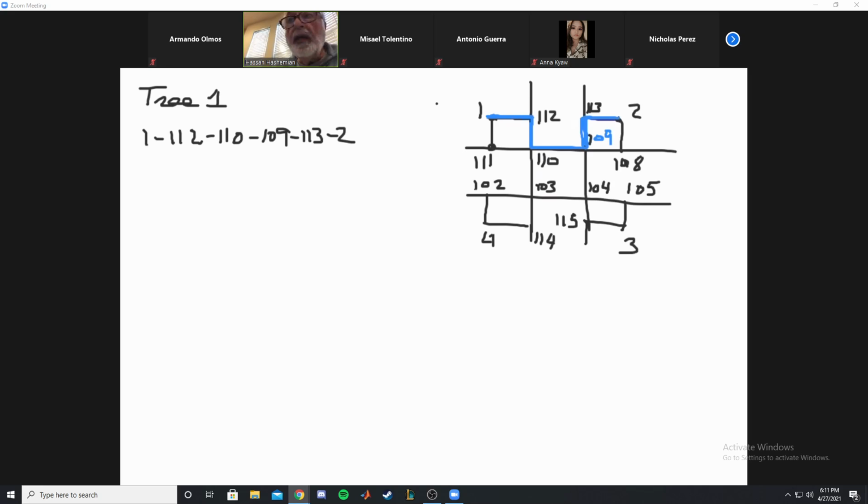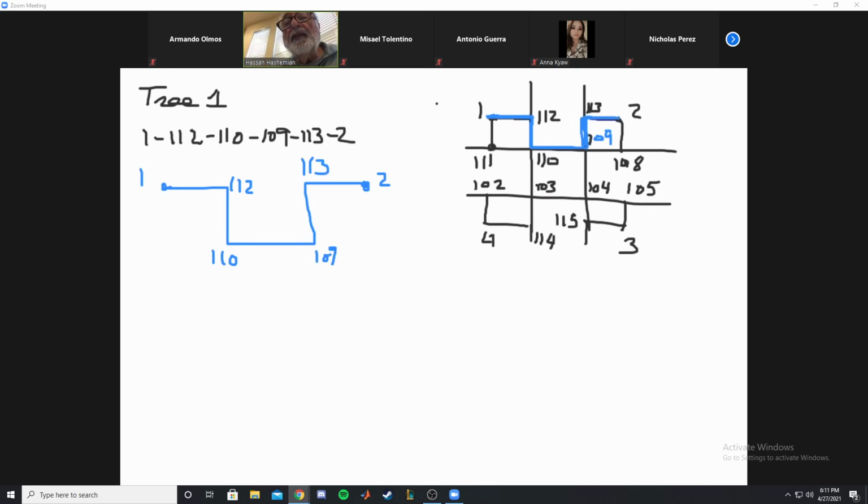Now, how do we assign the trips on that? If you look at the table at the top, they say from 1 to 2 is 1,000 trips. So you have to assign 1,000 trips. I would just draw that. This is node number 2, this is node number 1. This is 112, this is 110, this is 109, and this is 113, correct?